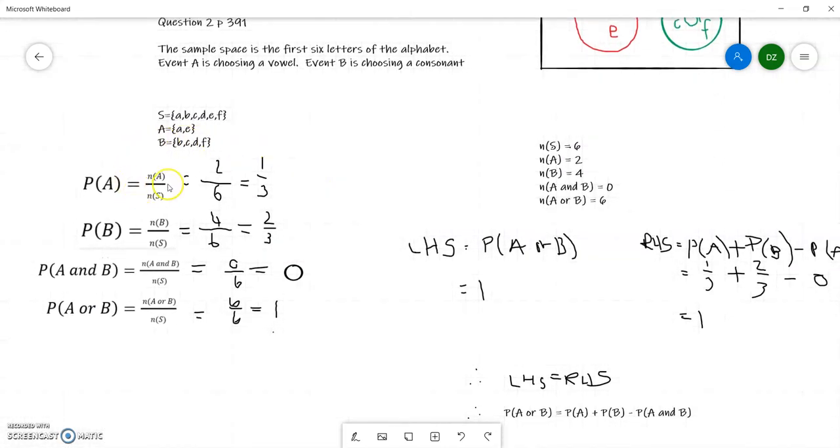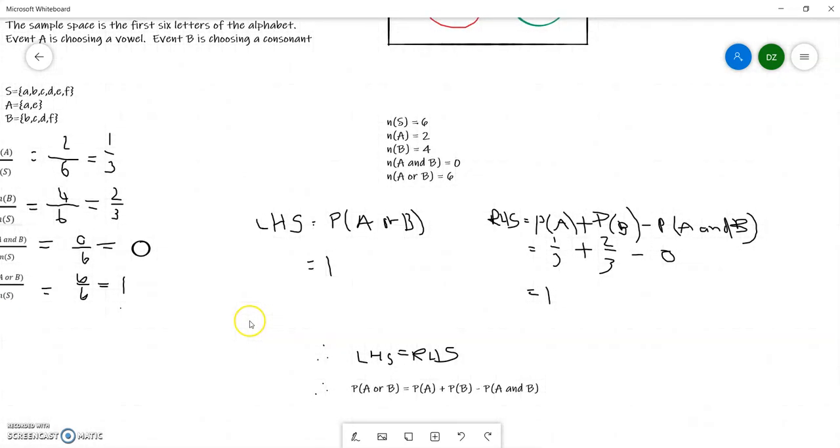Calculating my probabilities is always the number in my event divided by the number in my sample space. Always have your most simplified fraction. When we look for and, it is the intersection. I'm looking if there's a possibility where they share elements. If there are no elements shared, then it's just a 0. And then A or B is the union, which is all of them together.